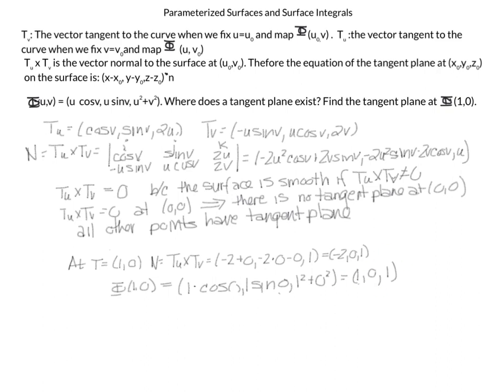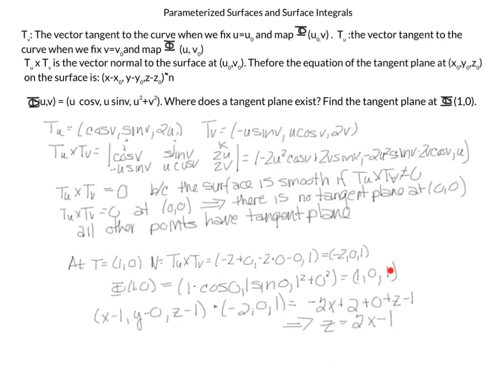So if you recall, the way we're going to find the equation of the plane is that this is the normal vector. Then when we dot a line on the plane with the normal, we're going to get 0. So here I have a point on the plane, but if I take a representative element (x, y, z), I can write the line between (x, y, z) and (1, 0, 1) as (x minus 1, y minus 0, and z minus 1).